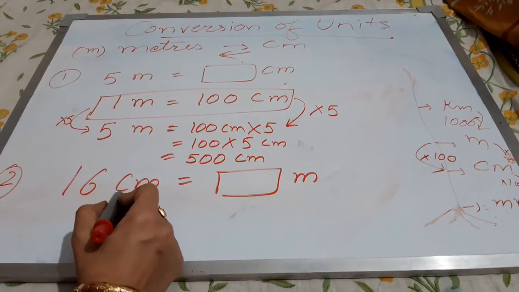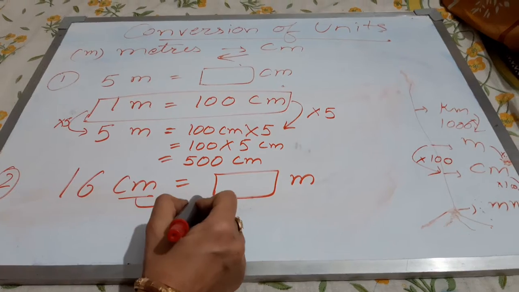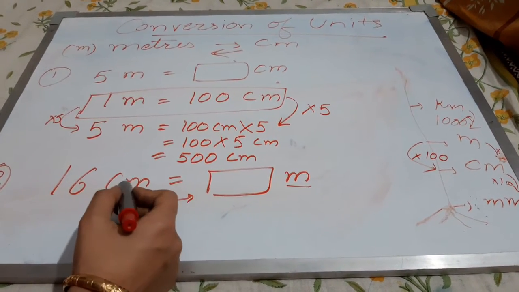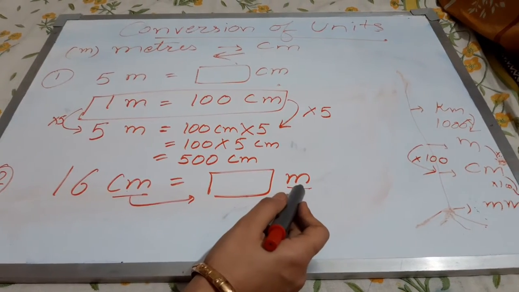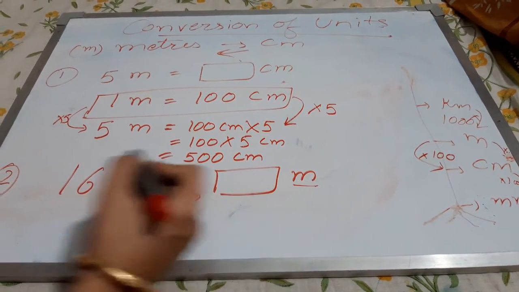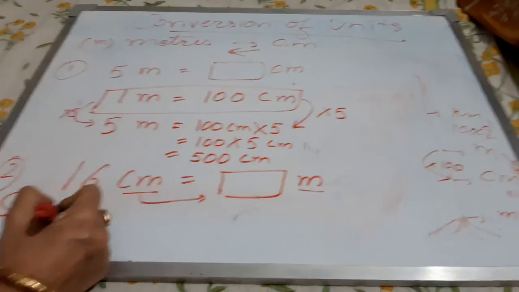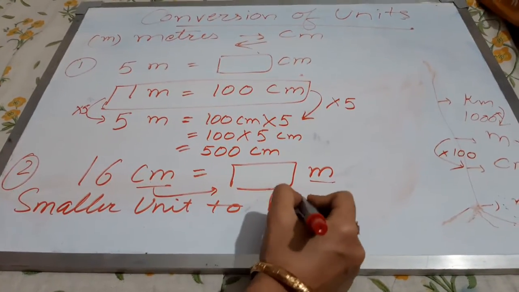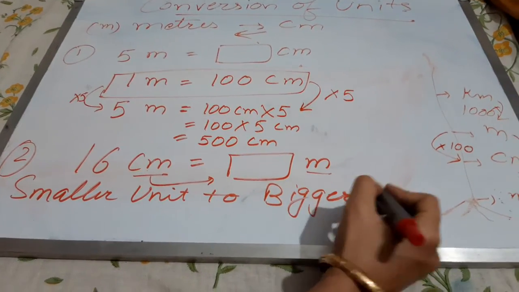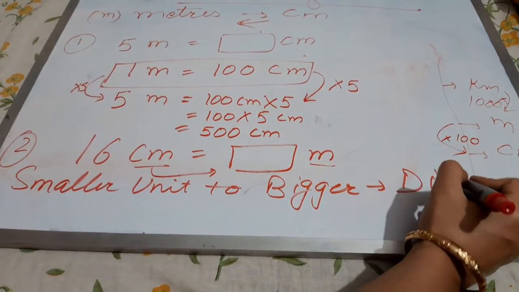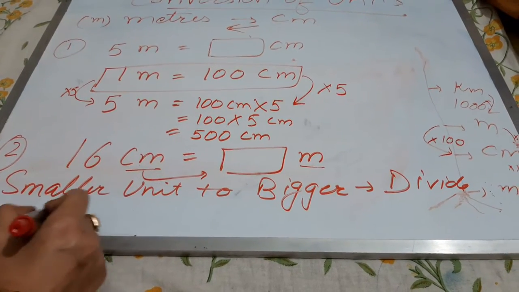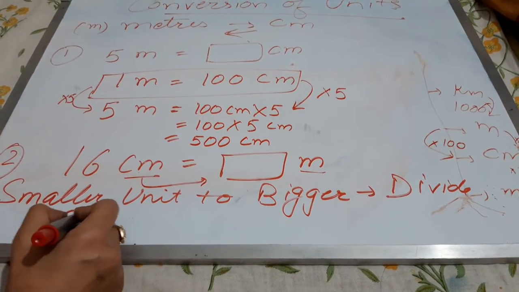That means now we want to convert centimeters into meters. The shortcut method tells you smaller unit to bigger unit, we have to divide. So write here 16 and now divided by 100.